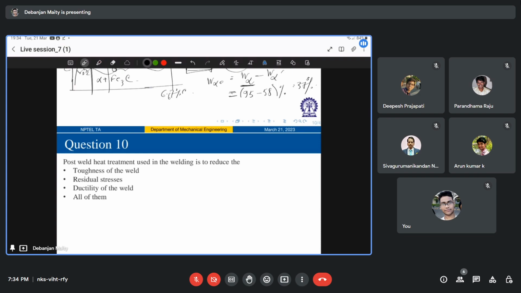The residual stresses are relaxed simply by heating a structure uniformly to a sufficiently high temperature, then you subject it to some thermal soaking for a specific duration based on your material thickness maybe, and then you do uniform cooling over your structure, right?